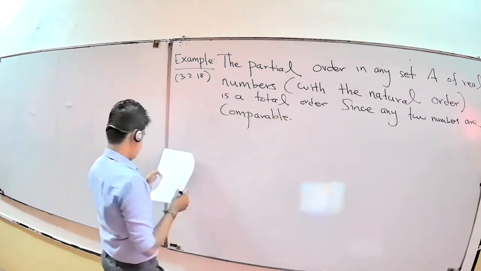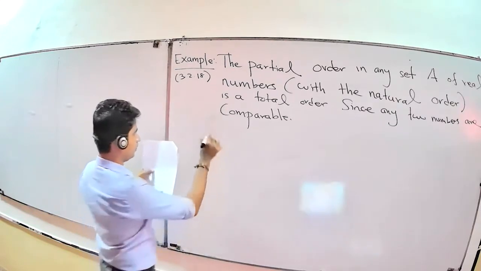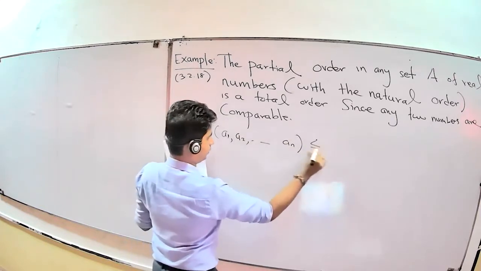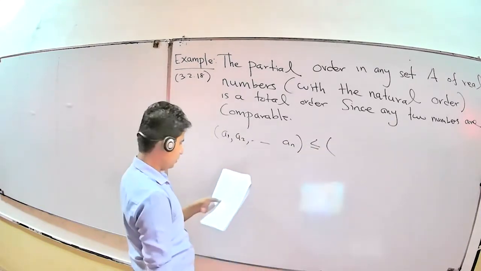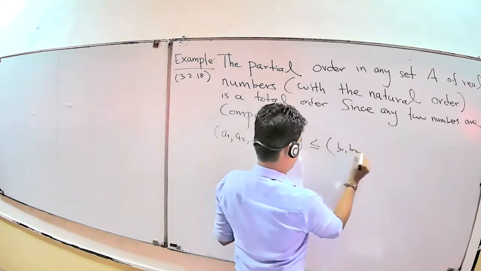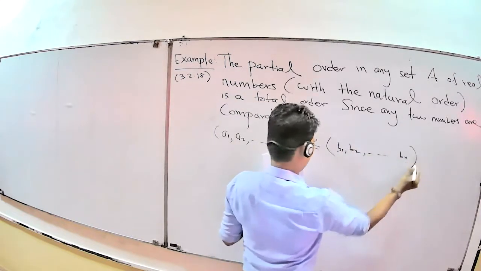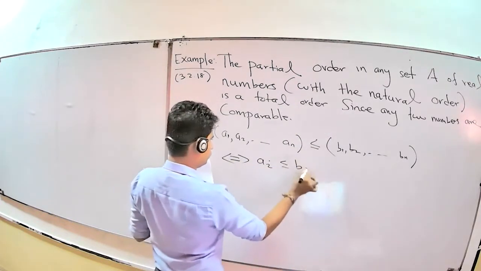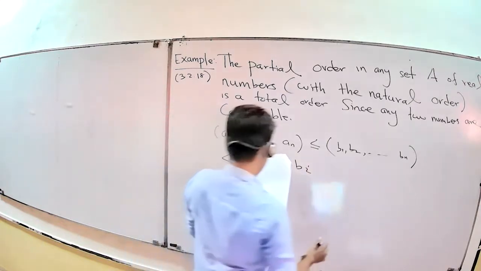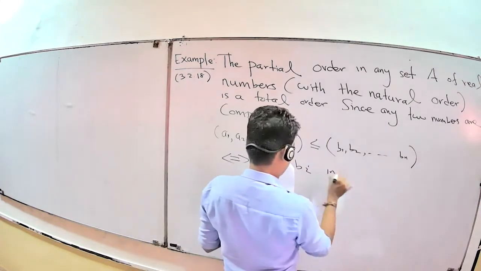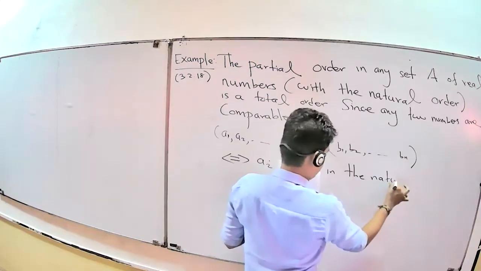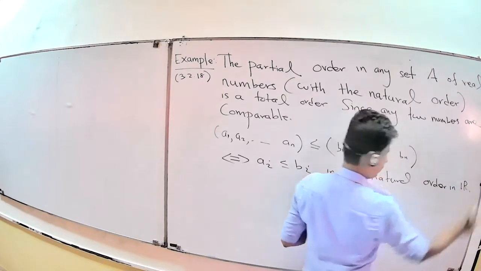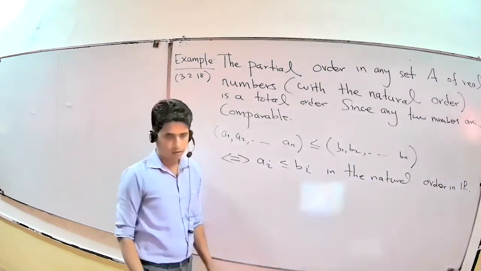Okay, solution for this part. You know that here there are n elements: (a1, a2, ..., an) less than or equal to (b1, b2, ..., bn) in the natural order if and only if each ai is less than or equal to bi, coordinate-wise, in the natural order in real numbers.